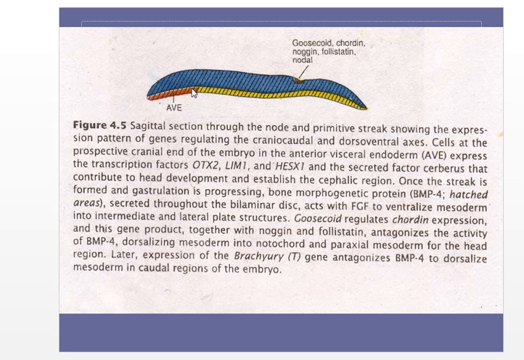As a result, this anterior part of the future endoderm is named the anterior visceral endoderm cells. These cells induce the overlying ectodermal layer. As a result of induction of the AVE on the overlying ectoderm, this area makes the future head and brain.